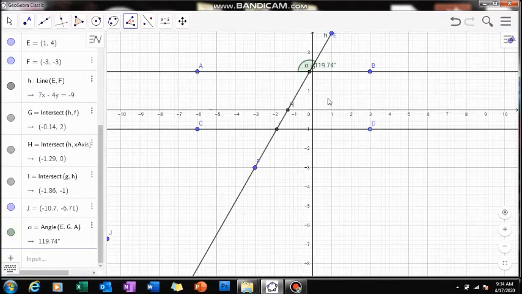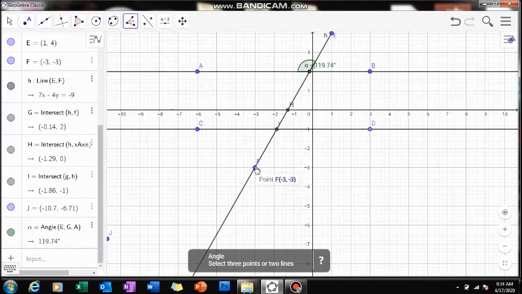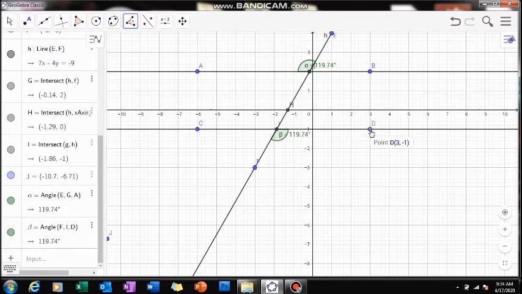It is equal to 119.74, and we solve the next angle. FID is also equal to 119.74. So alpha is equal to beta.